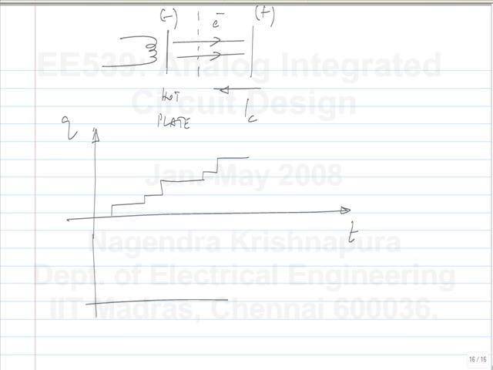And if you plot the current, what do you get? It's the derivative of this, right? It's a set of impulses, and the area of each impulse is the charge of the electron.